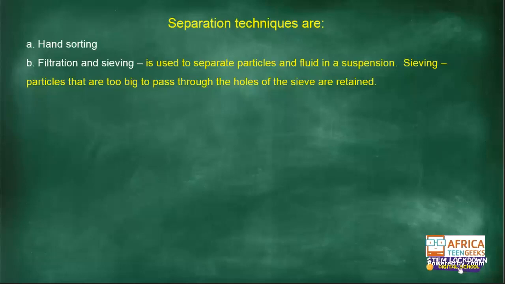So now, if you're going to sieve, what can we sieve? Flour and sugar. Okay, not caster sugar and icing sugar, but let's say whole, like brown sugar, not even white sugar.